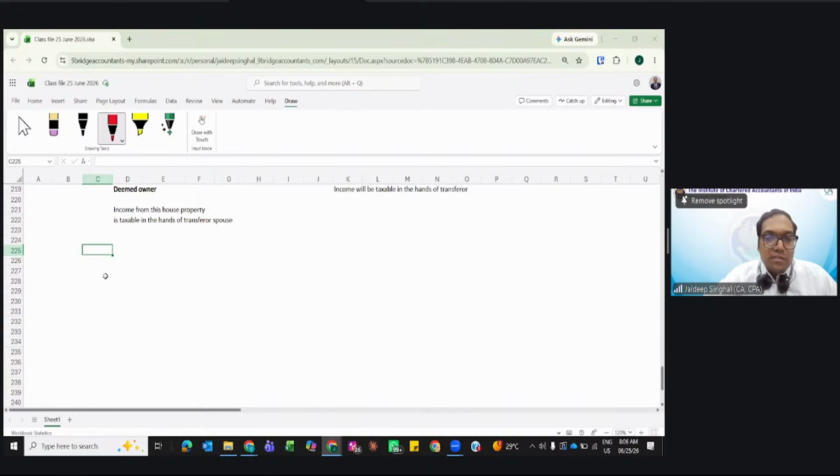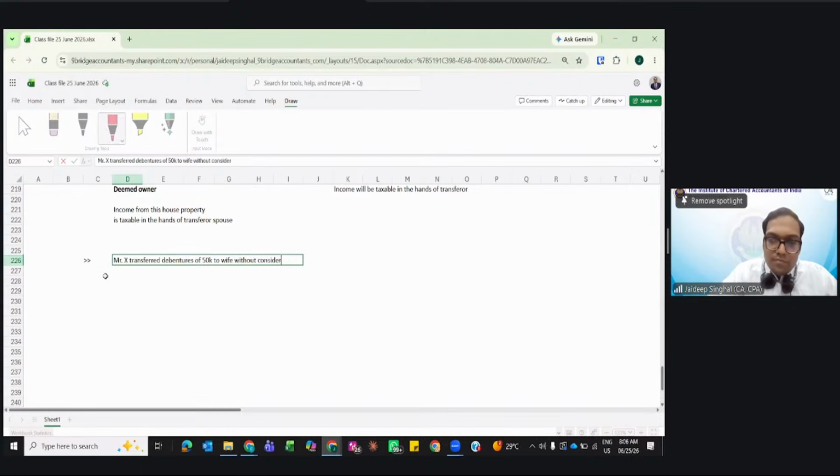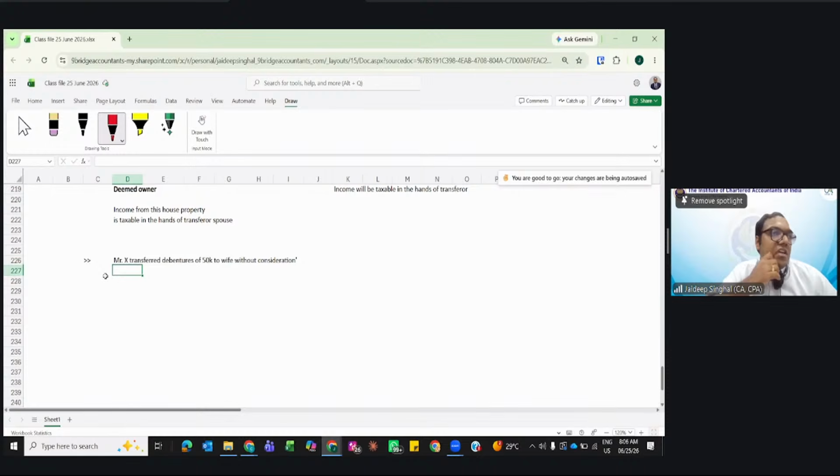Mr. X transferred debentures of 50K to his wife without consideration. Will section 27 apply? Yes or no?